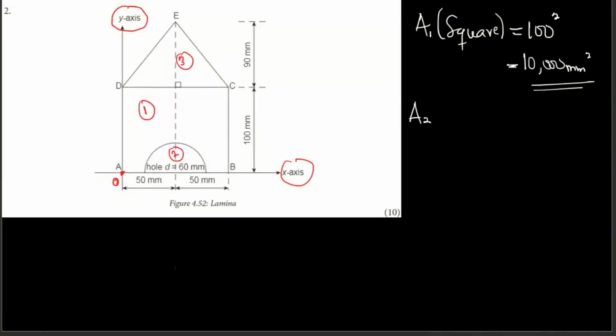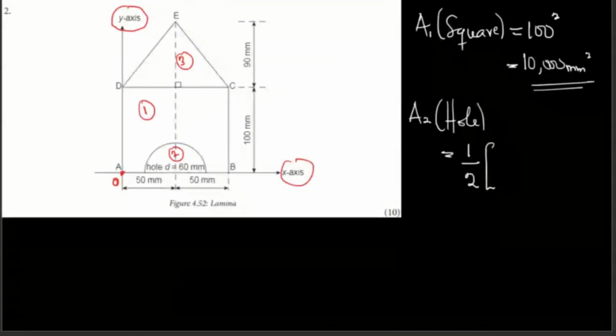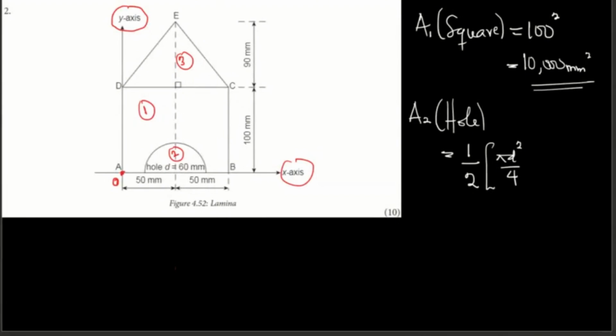A2 is a hole there, but it is a semicircle. The area of a circle is pi d squared over 4, so half of it because it's a semicircle: 1 over 2 times pi times the diameter, 60, squared over 4.